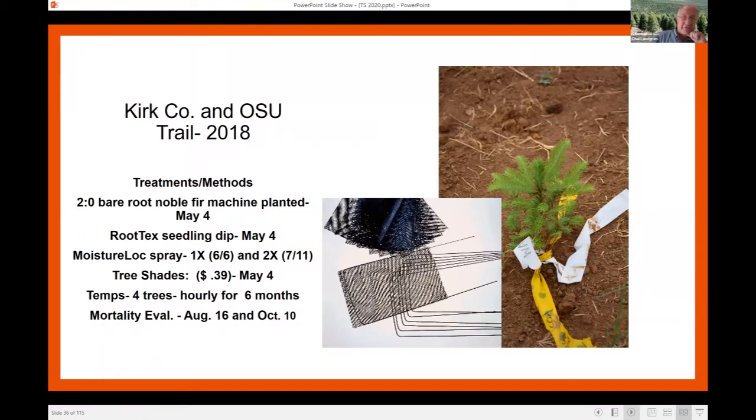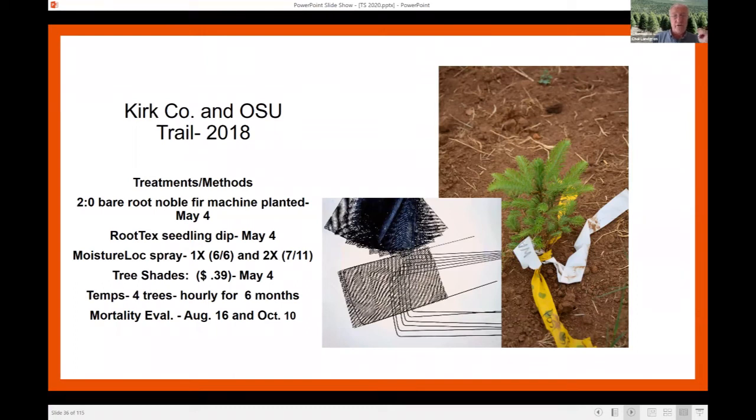The treatments we looked at included a commercially available conifer root dip called Roottex, a humic acid high in phosphorus. We dipped the seedlings before they were planted on May 4th. We also had some post-treatment applications of Moisture Lock, an anti-transpirant spray. Some of the trees we sprayed just once on June 6th, and some we sprayed twice, on June 6th and July 11th.